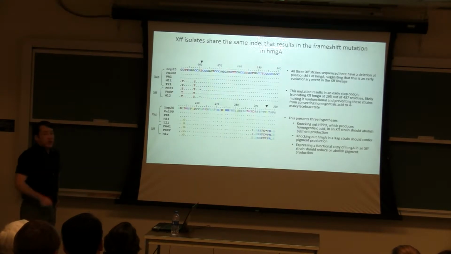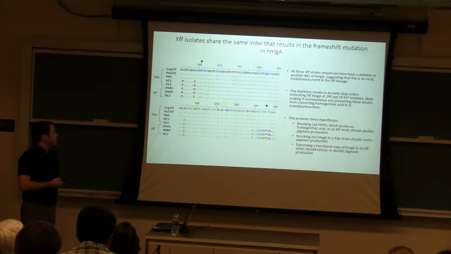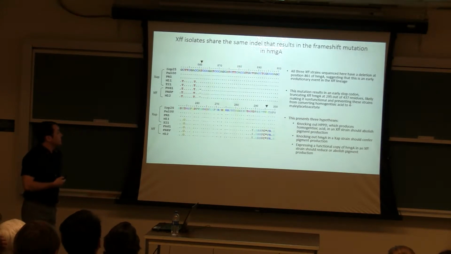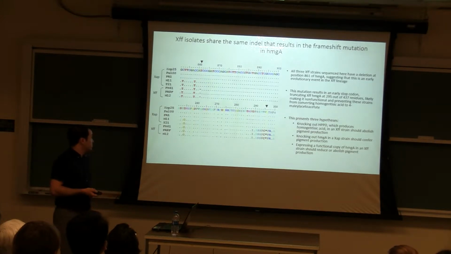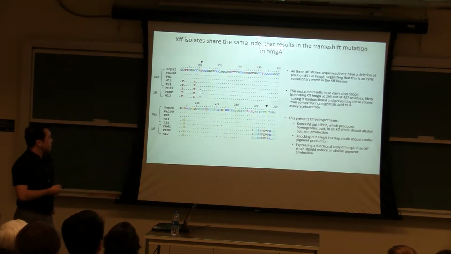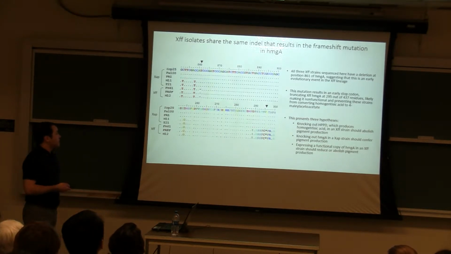So when I look in my strains, this correlation holds. All of the Fuscans have a frame shift in the same position, right? It's a mutation that makes HmgA probably not functional, right? It truncates the protein. Whereas the Phaseoli strains don't have this mutation, and it appears to be functional, right?